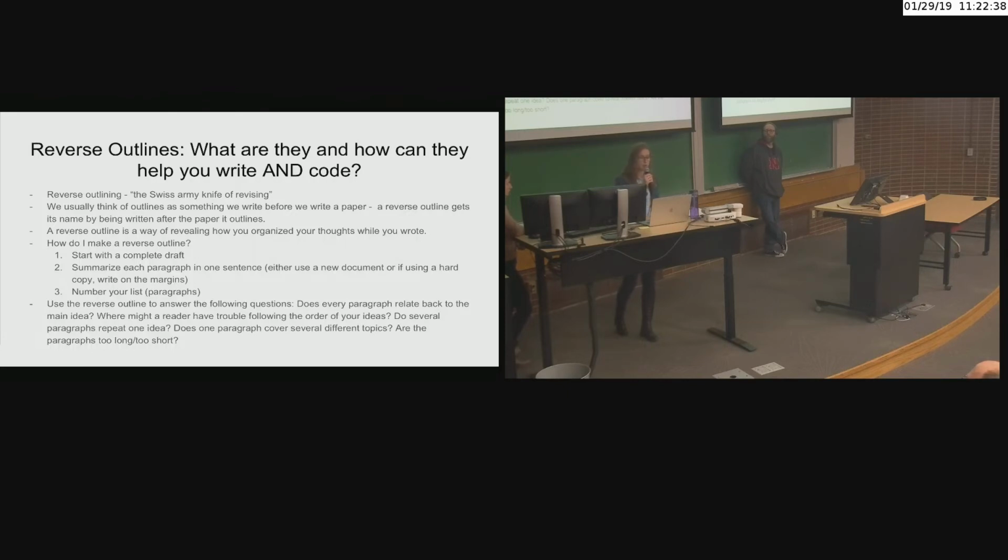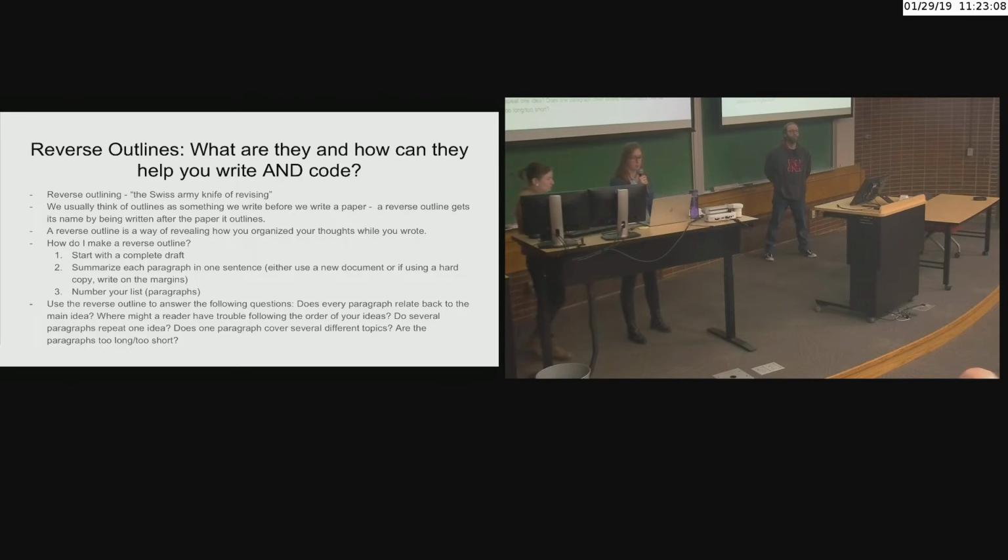Then I also included a set of questions that I typically share with my students. It says here, use the reverse outline to answer the following questions. After you actually do the reverse outline exercise, it is very important to go over these questions just to make sure that the paragraphs that you have are connected to your thesis statement or your main argument.